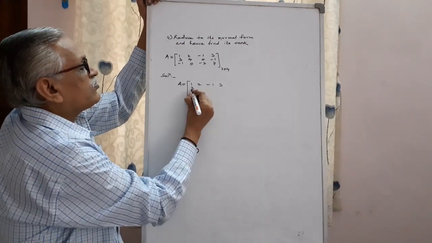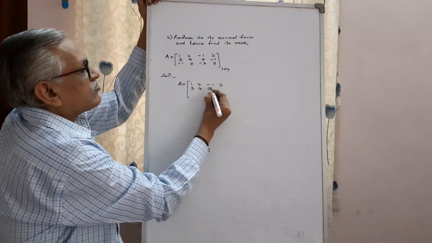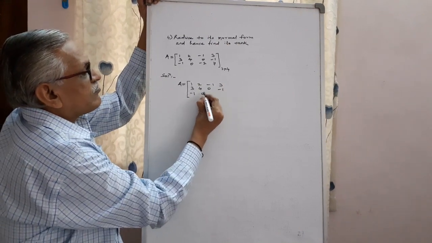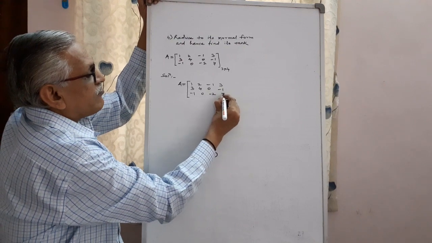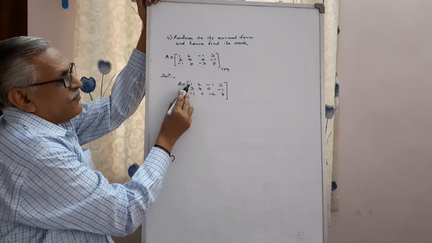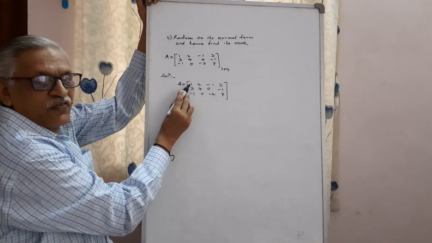We look at the second row and third row elements. Here the leftmost element is 1, which we require.